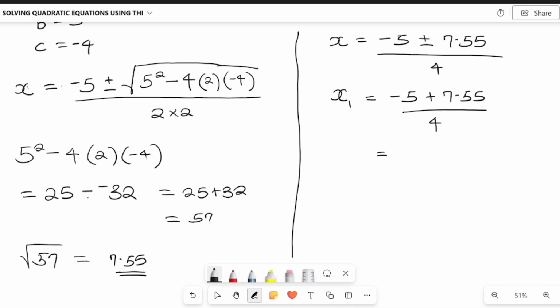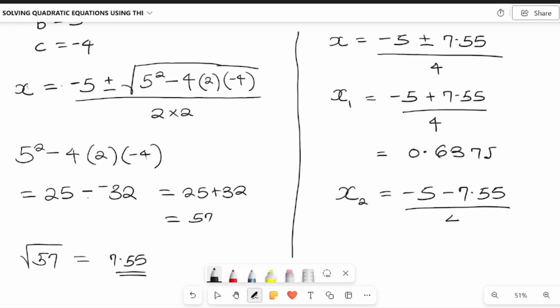When you work this out using a calculator, you'll get 0.6375. And the second value of x is negative 5 minus 7.55 all over 4. And this gives us negative 3.1375. So these are the two roots.